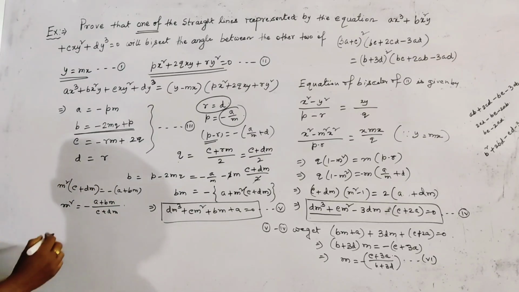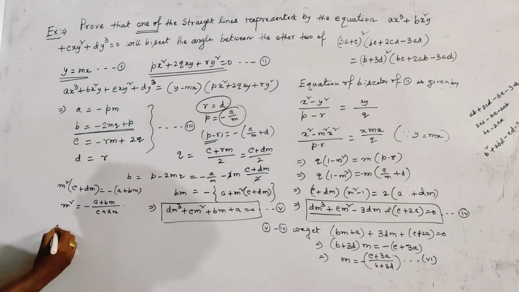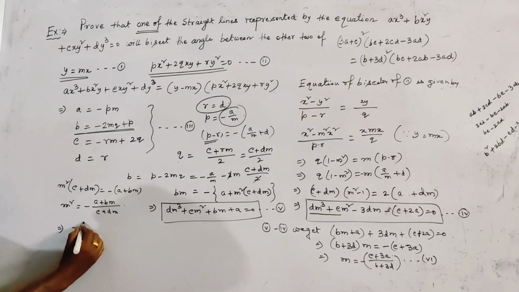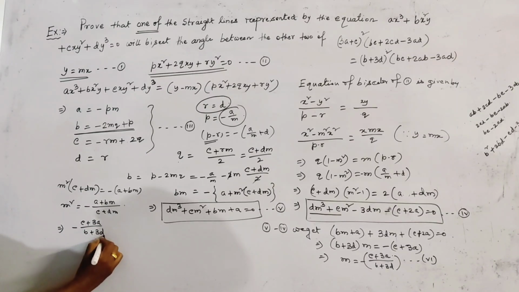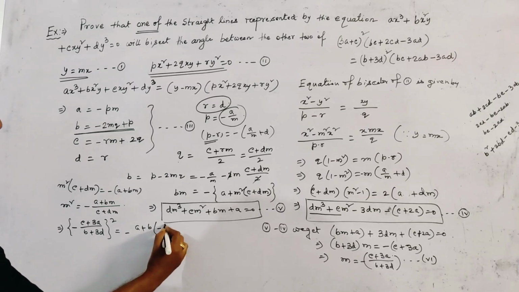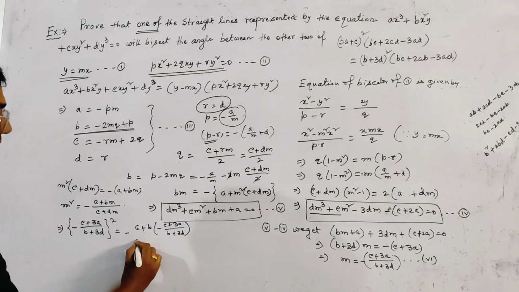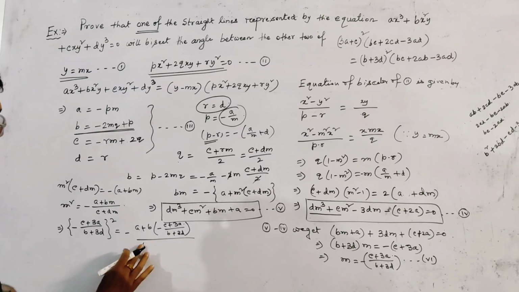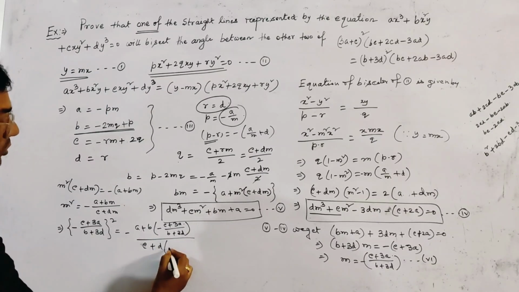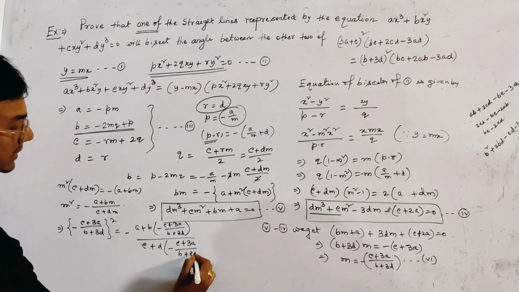Now putting the value of m from relation number 6 here, we get minus c plus 3a by b plus 3d whole square on the left, and the right side is minus a plus b into minus c plus 3a by b plus 3d, by c plus d into minus c plus 3a by b plus 3d.